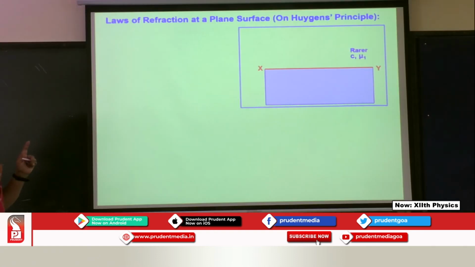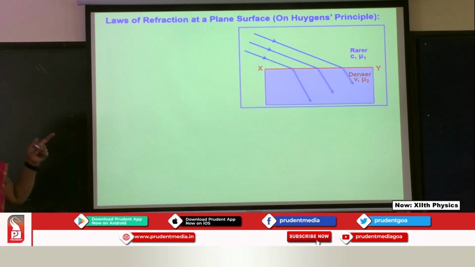One is a rarer medium, I will choose air. The second one is any denser medium, it can be water, glass, any surface. So when a ray of light enters into this, it suffers a bending in its path. You can see it is due to the process of refraction. So it bends over there.